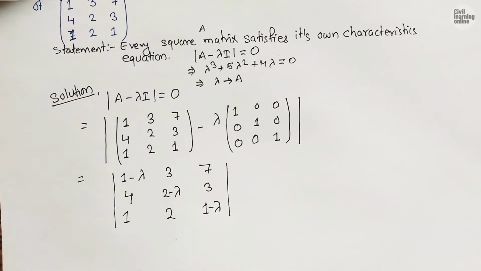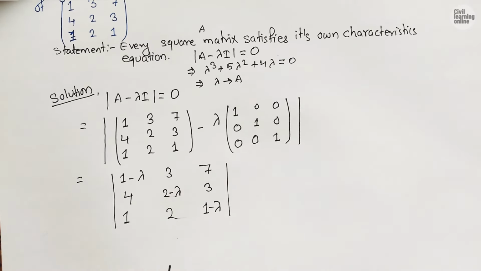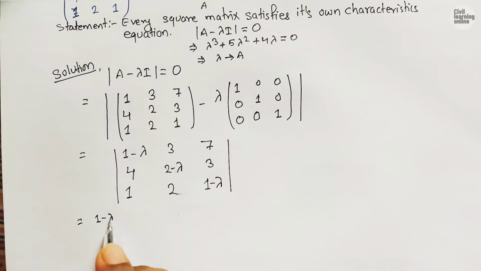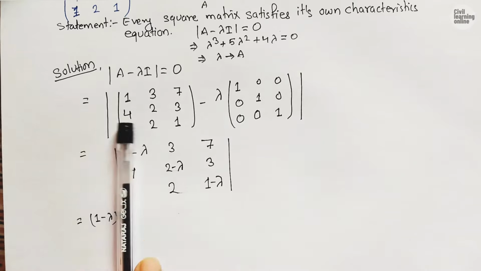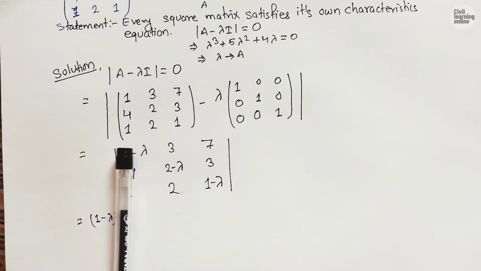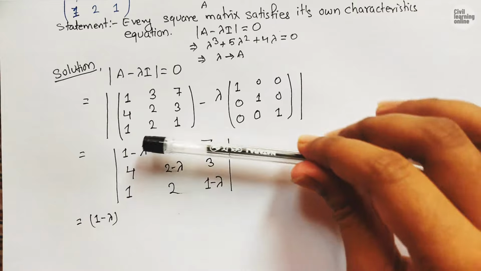Now what we need to do is find the determinant either using this row or this column. It is up to you. On doing so, we will get a form here. Let me write it here, 1 minus lambda. What we need to do is cover the row and column in which this element lies. We are calculating the determinant with respect to 1 minus lambda, so cover this and this.